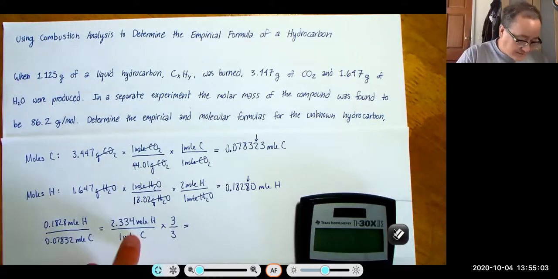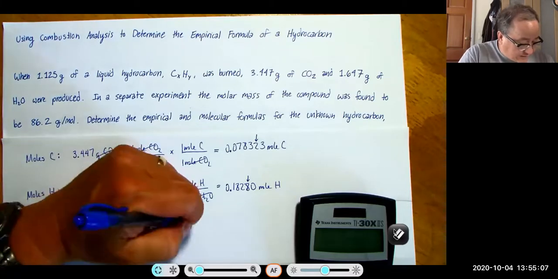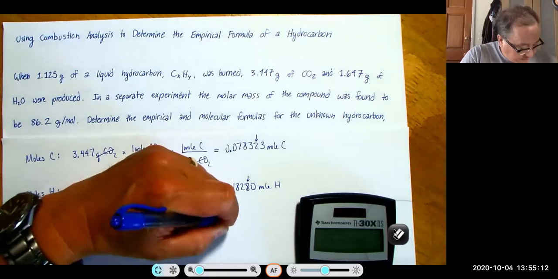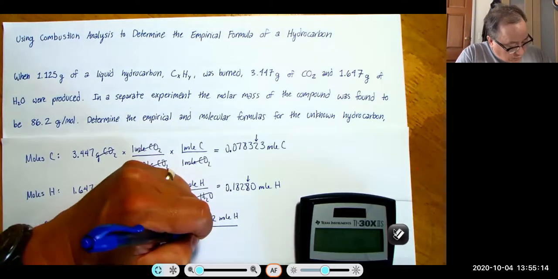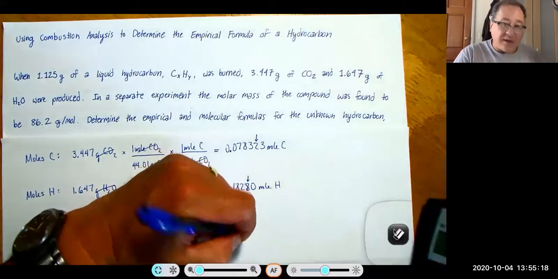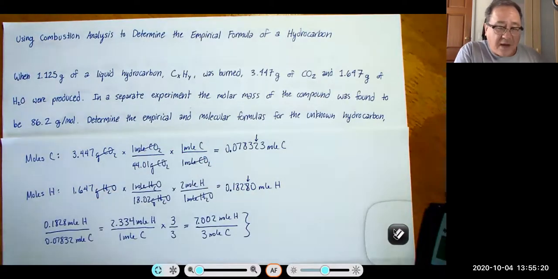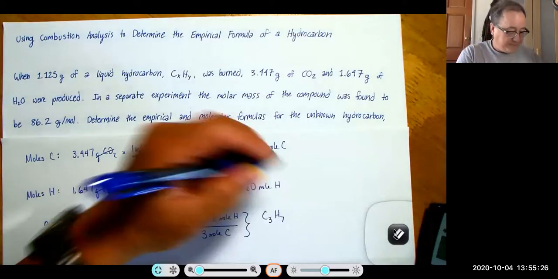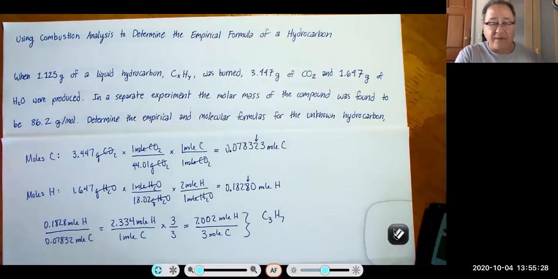Let's see what 3 times this number is. 3 times this number is 7.002 moles of hydrogen to 3 moles of carbon. So I think this must be the correct answer for how many carbons and how many hydrogens. So I'm going to say C3H7. And there's your answer for the empirical formula.